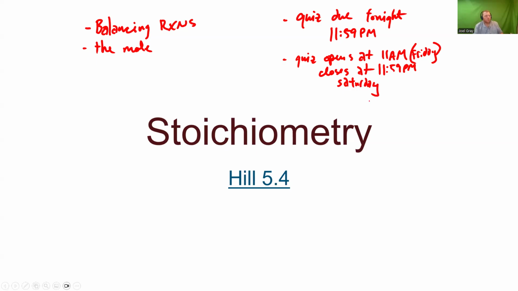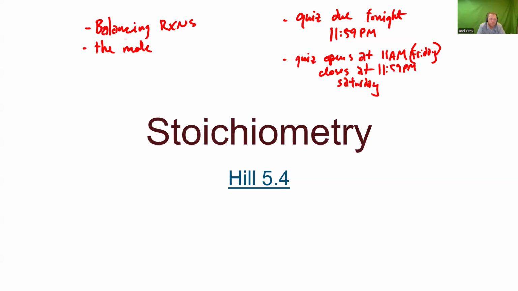So when it comes to balancing chemical reactions and moles, basically what you want to do is follow some of the important parts about the law of conservation of mass. If you follow that, you're going to be in pretty good shape.